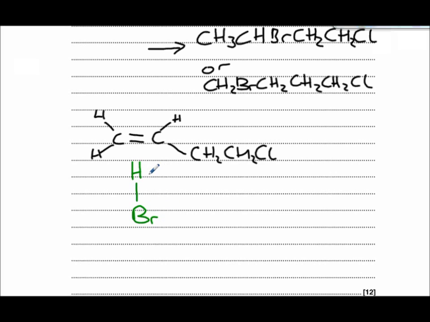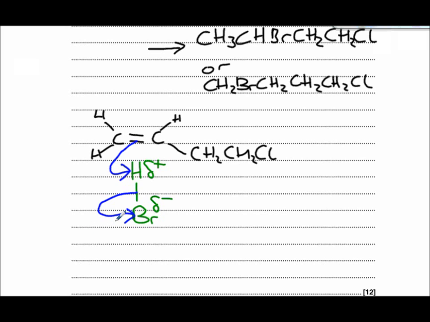The dipoles on this, I've got a delta plus and a delta minus, bromine being more electronegative. My collection of negative charge is here in the double bond, that double bond being made up of a sigma and a pi bond. I've got my first curly arrow to the H from the double bond, then this bond must break. Remember, we've got to state the bond fission here again, which is again heterolytic fission, exactly the same as it was for the other mechanism.